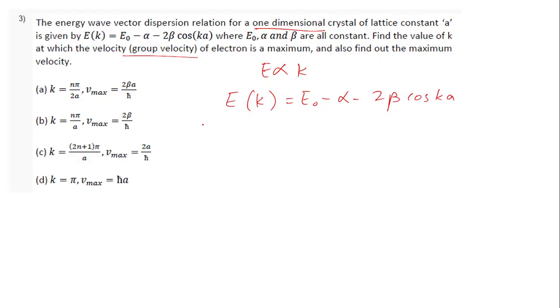Now group velocity, also written as Vg, is given by d omega by dk, angular frequency and wave vector. This is one relation of a group velocity. Another relation that we will use is that energy E is equal to h bar omega.